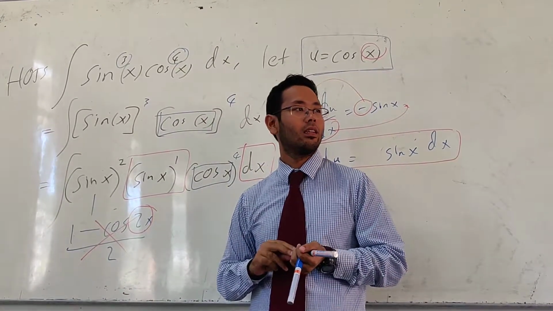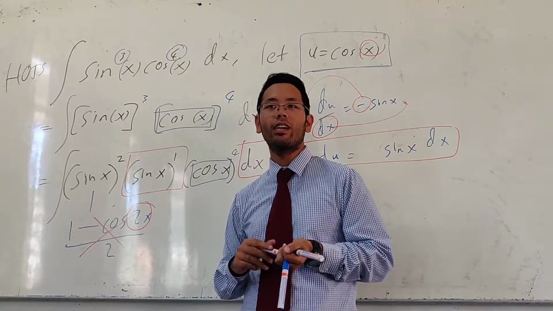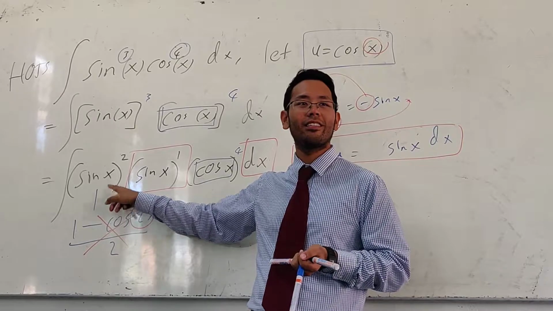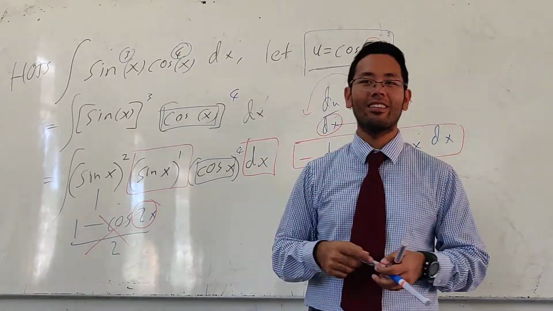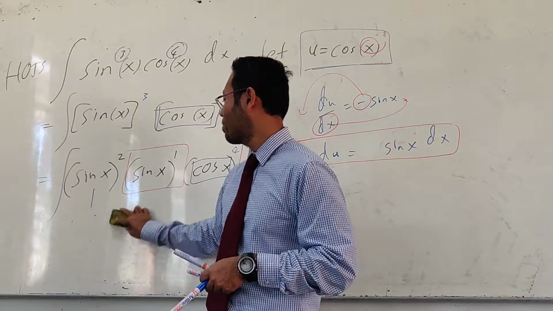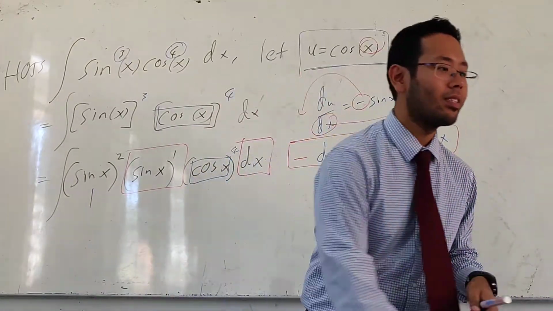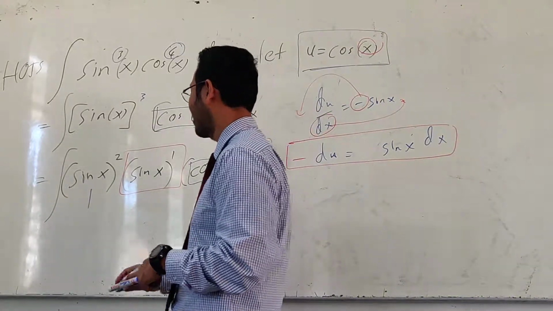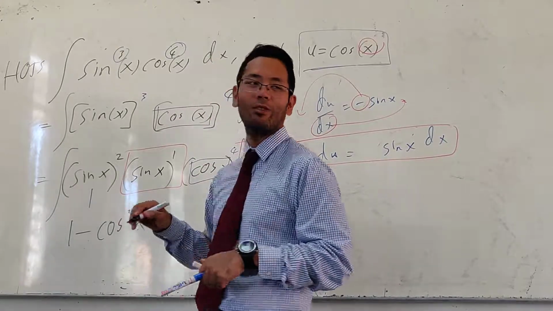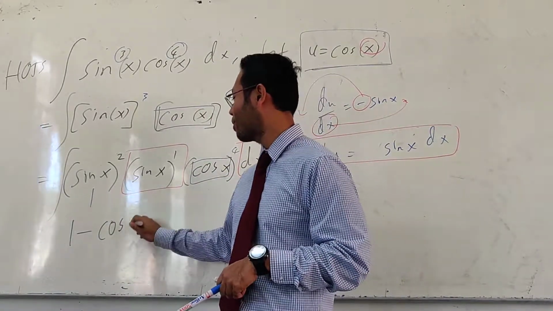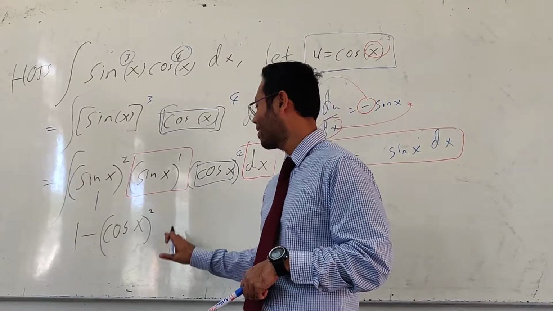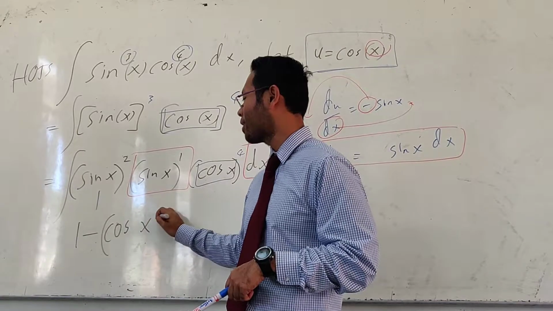I gave you a clue: identity. This is sine squared, right? 1 minus cos x? Almost there. 1 minus cos x squared. Normally you write down cos squared x. Okay, or not, then I understand. He's trying to say this thing, but I'm just trying to be a bit picky here.